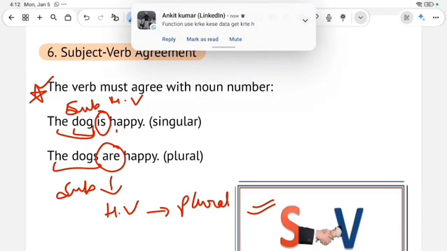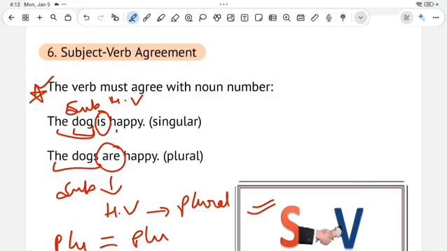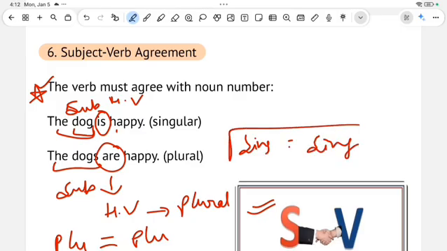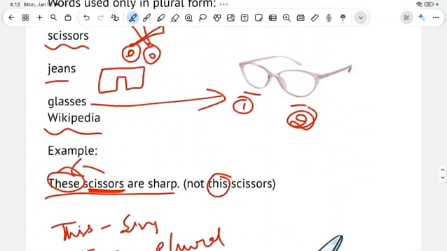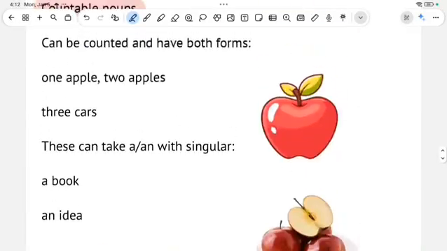So basically plural is equal to plural and singular is equal to singular. This is what the concept of subject verb agreement is all about. If our verb is plural, then our subject should be plural. If our verb is singular, then our subject should be singular, or vice versa, we can say. Okay, so this is the whole concept of noun numbers, which you have to keep in your mind while speaking or writing.